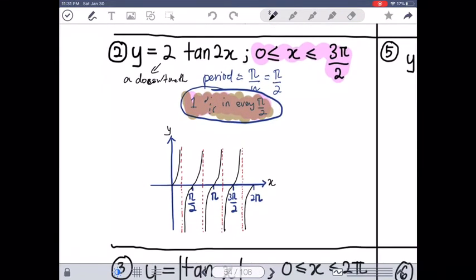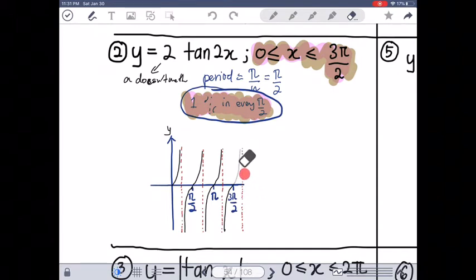But the question wants us to draw from 0 until 3 pi over 2. Meaning that we need to stop at 3 pi over 2. So we can erase this part here and just stop at 3 pi over 2.